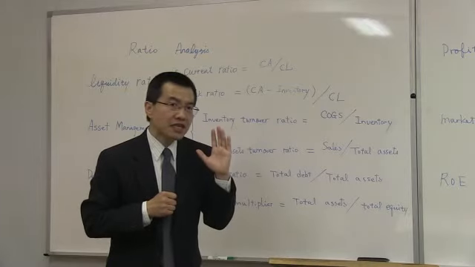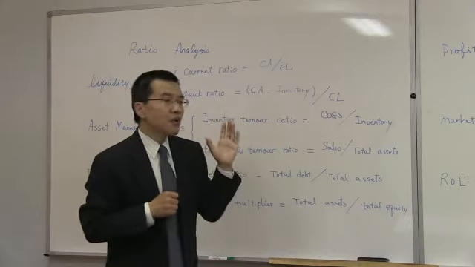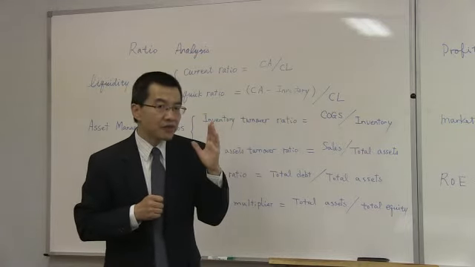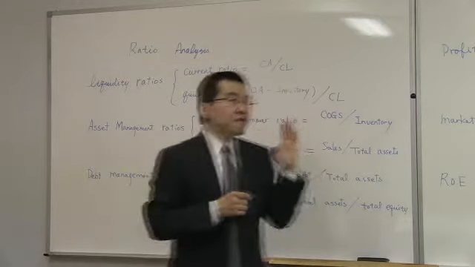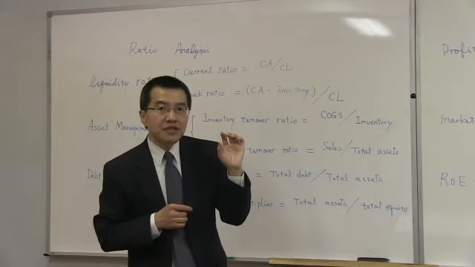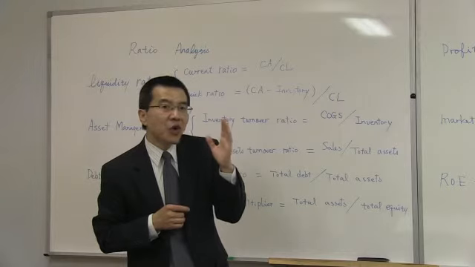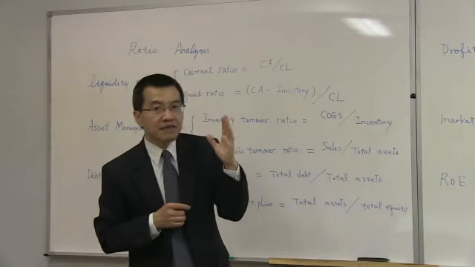But I still need to give you a reminder. When you use the financial ratios, you have to be very cautious. Remember, the first thing is, if the company has multiple divisions, you can hardly find comparable companies using only the industry, since the company may have products in several industries.